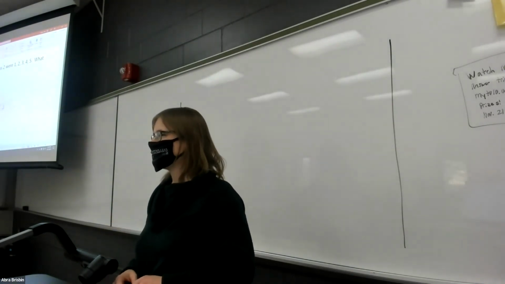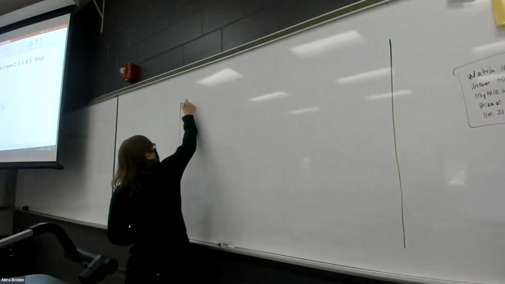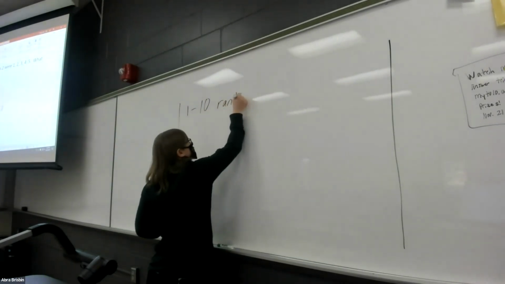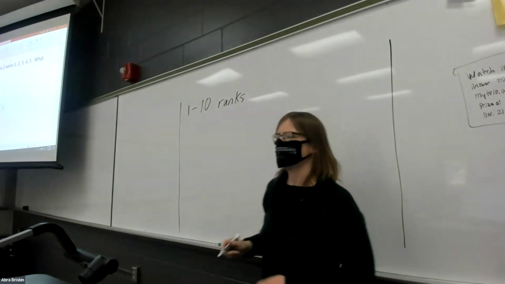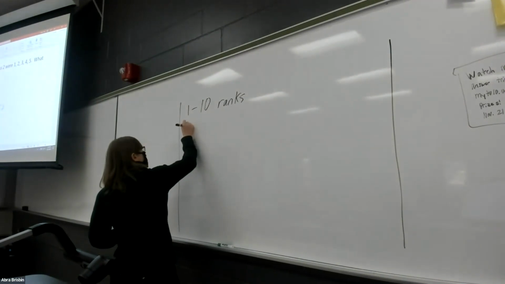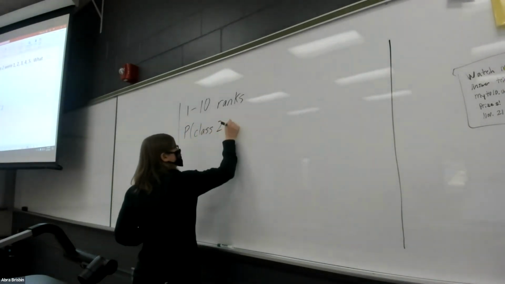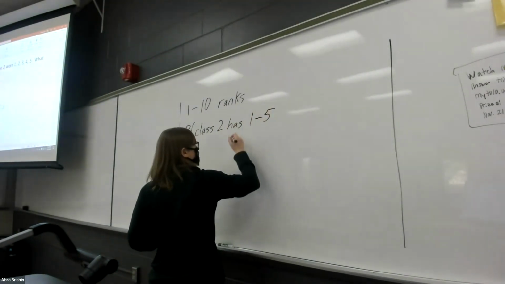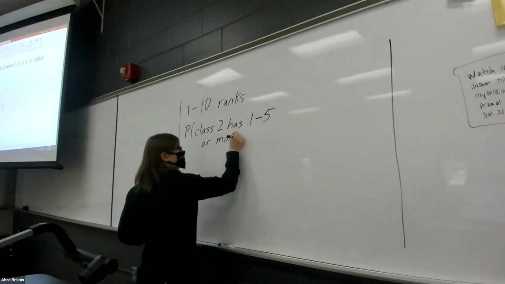Suppose we have the numbers 1 to 10 as our ranks, and we're trying to find the probability that class 2 has all of 1 to 5, or something more extreme.